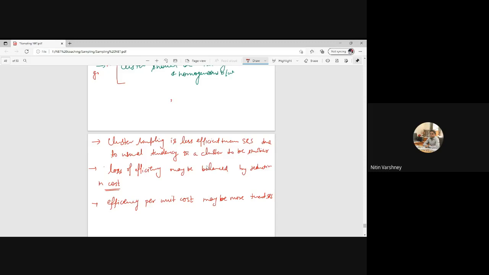Here, what is our sampling unit in cluster sampling?